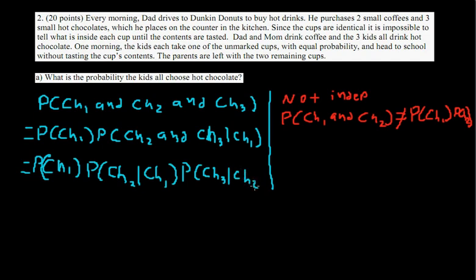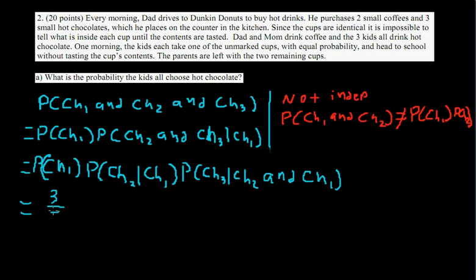So the probability that the third one picks it, given that the second one picked it and the first one picked it. This guy is going to be 3/5.